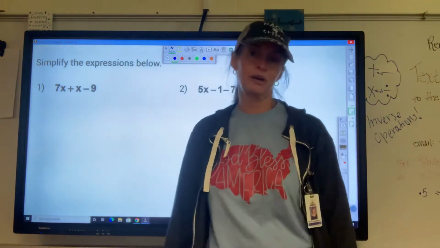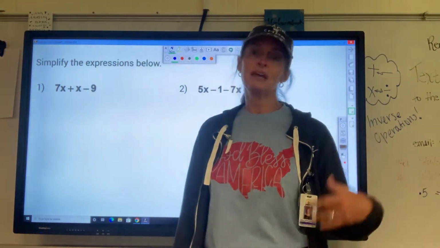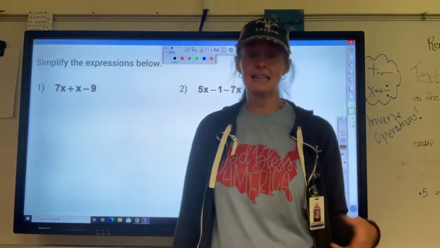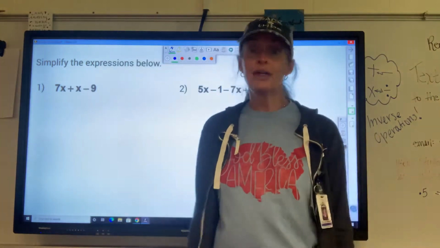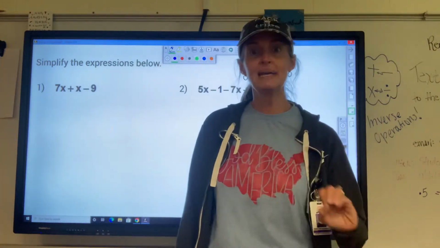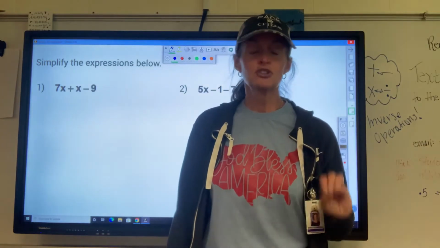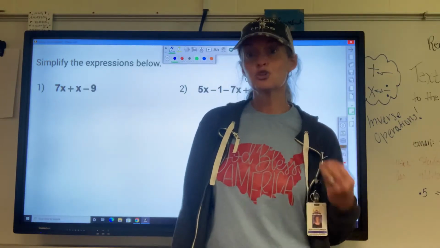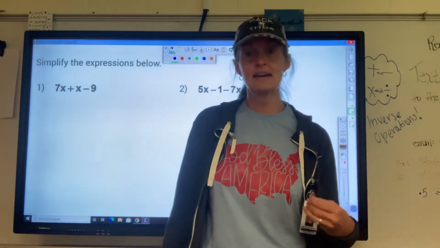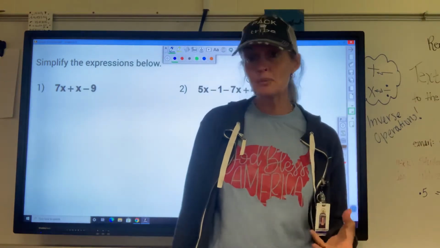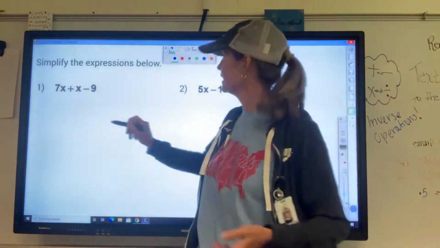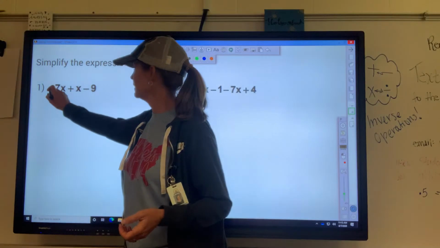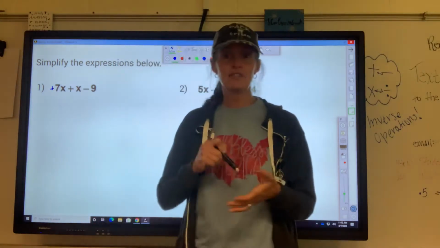That's because that would look weird. You don't put a plus sign in the front, and if it's missing a sign, it can only be a plus sign. So that 7x is really a positive 7x. And if you can't remember that, then put a little positive sign right in front of it so that you can remember it. That's a positive 7x.